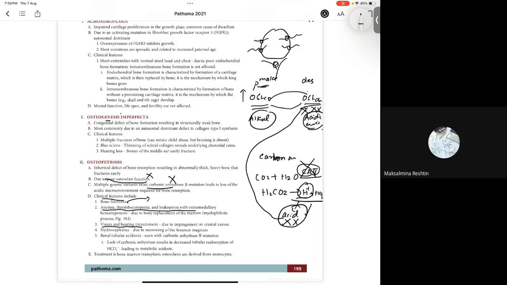Vision impairment, as you know that your optic nerve is going to move out through a foramen, which we'll be discussing in detail in our neurology section, which is going to come after this, right? Hydrocephalus: as the bone is thickening, the lumen size of your foramen magnum is going to decrease. And as it decreases, the CSF can build up in the brain, which is going to lead to hydrocephalus. Because we'll be discussing in neurology that CSF is formed in the lateral ventricles.